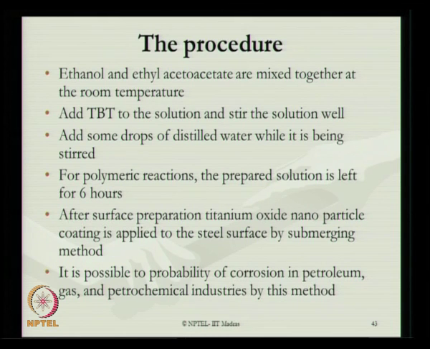The procedure is explained in detail in this slide. Ethanol and ethyl acetoacetate are mixed together at room temperature, then TBT is added to the solution and the solution is stirred well. A few drops of distilled water are added while stirring. For polymeric reactions to occur, the prepared solution is left for 6 hours to settle. After the surface preparation, the surface has to be clean.